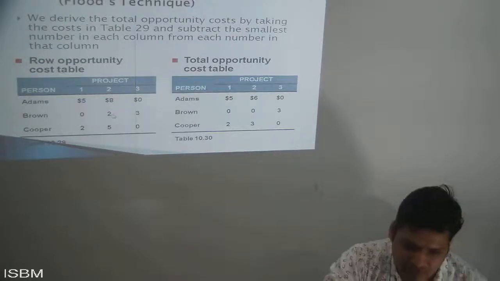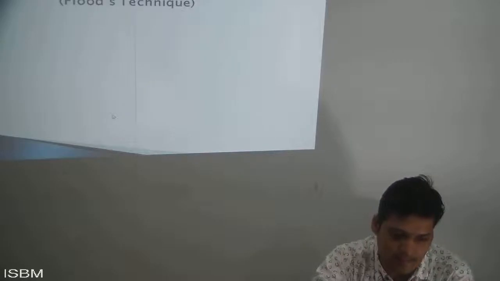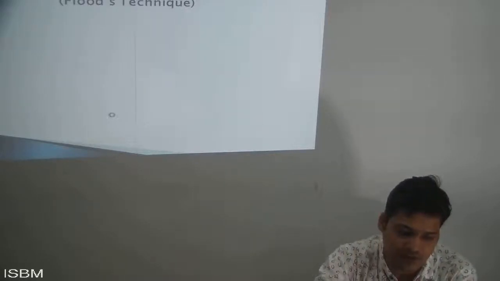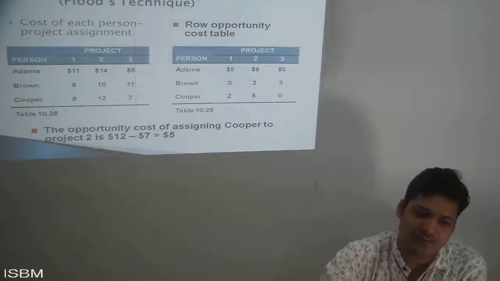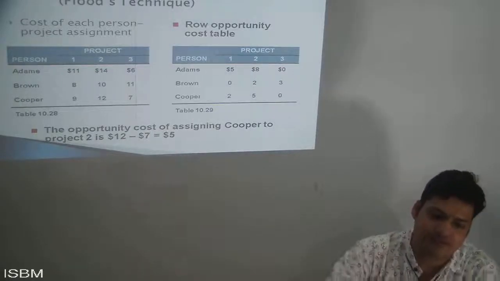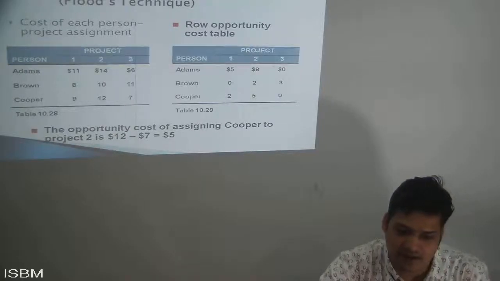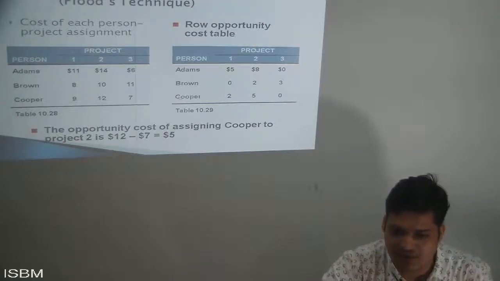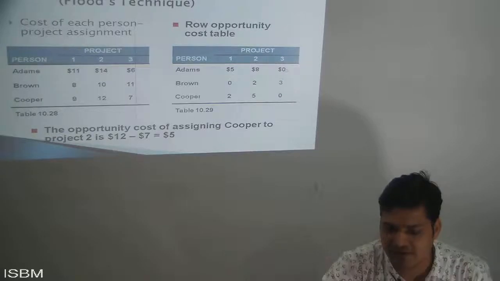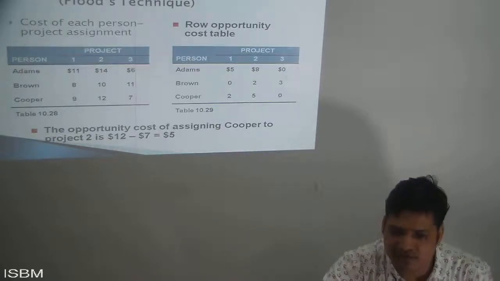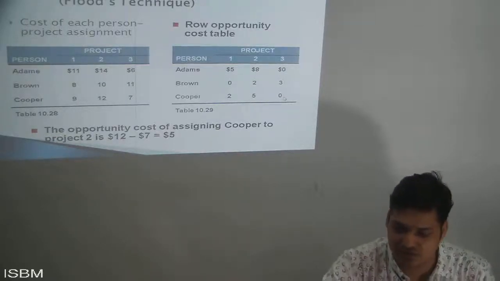I have told you each and every row should have a 0. They have worked on the row, so each and every row has a 0: this row has a 0, this row has a 0, this row has a 0.